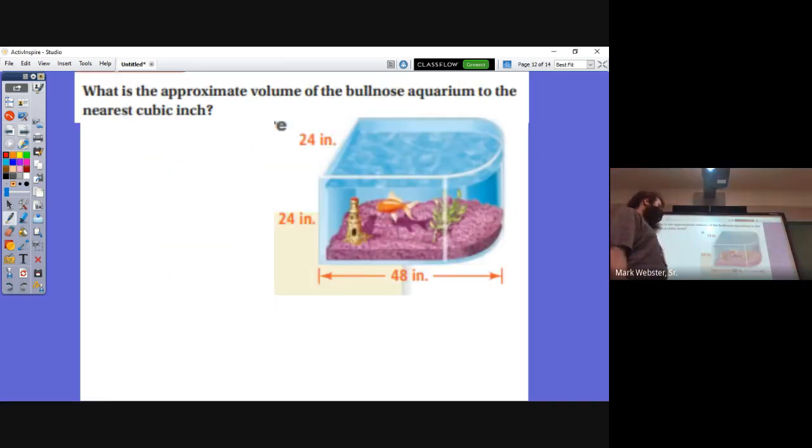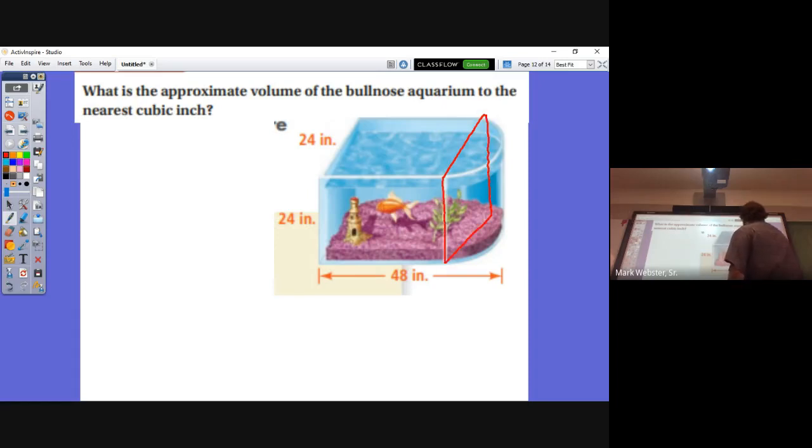So lastly, like I was saying, these composite figures. For both of these, you're going to notice it's a rectangular prism glued to half of a cylinder. So what we need to do is bust these up into their own specific pieces so that we can do these separately.